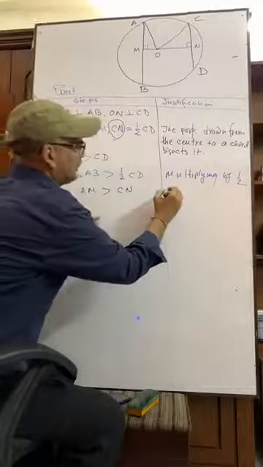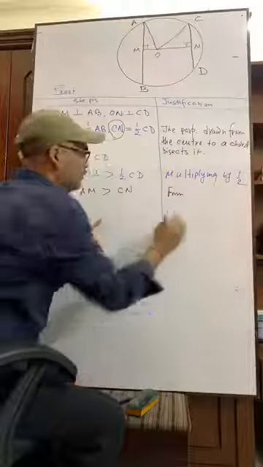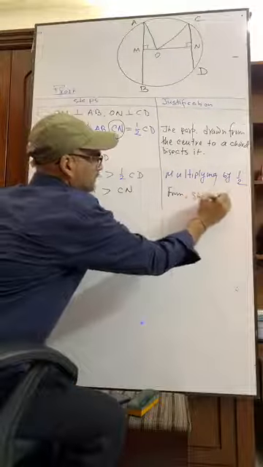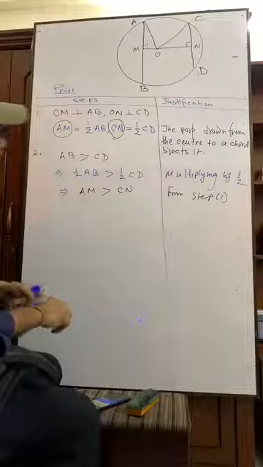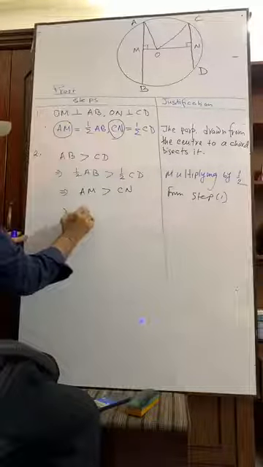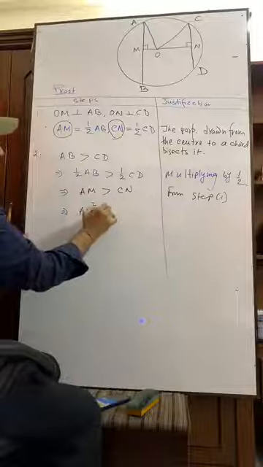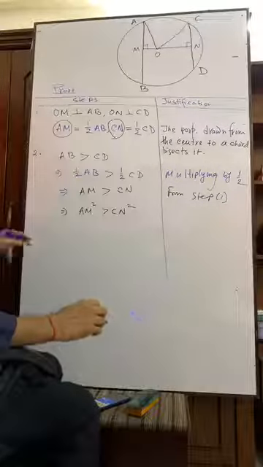I can write here from step 1. So we can write here AM square is greater than CN square by squaring.